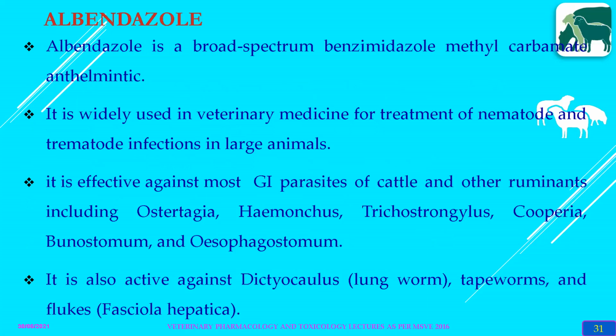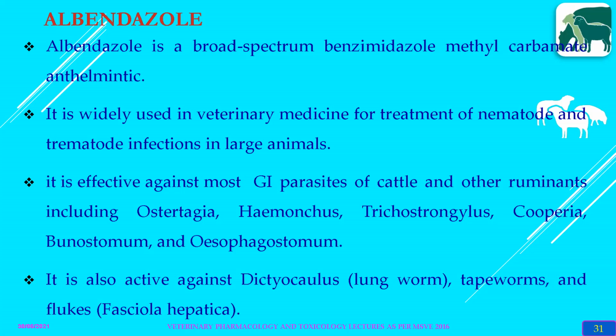So it is effective against most of the gastrointestinal parasites, especially of cattle and other ruminants, including varieties of helminths like Ostertagia, Haemonchus, Trichostrongylus, then Cooperia. Yes, the list is very, very big: Bunostomum, Oesophagostomum, etc. So it is effective against these.